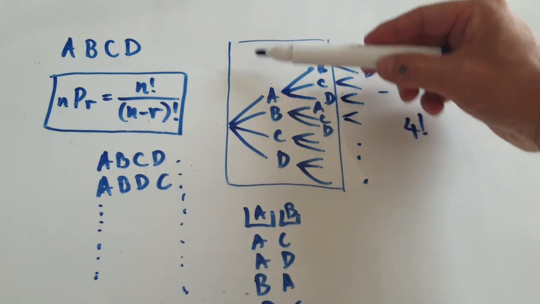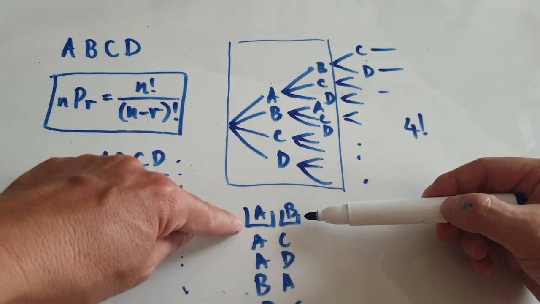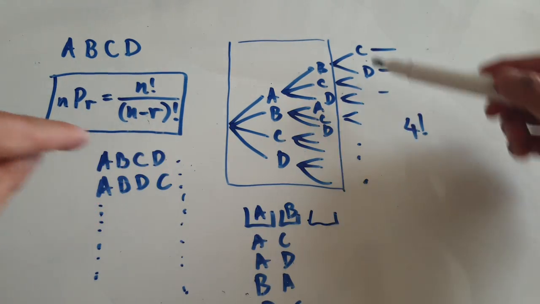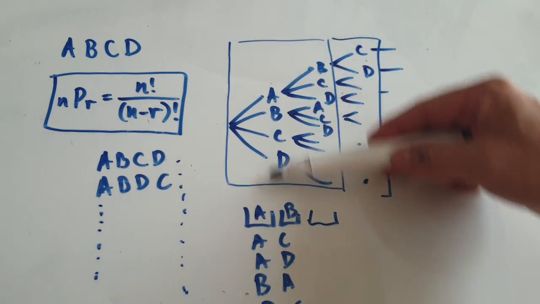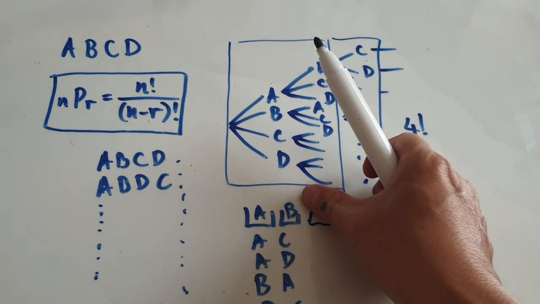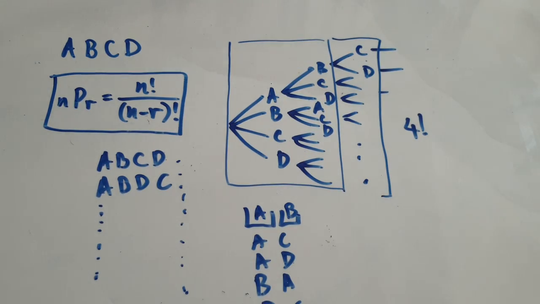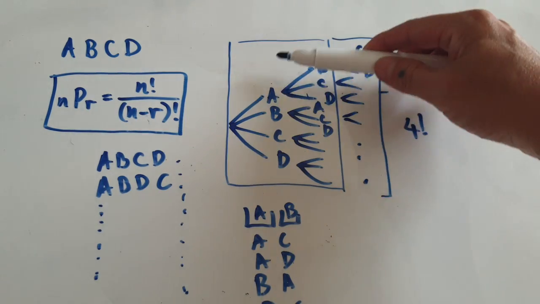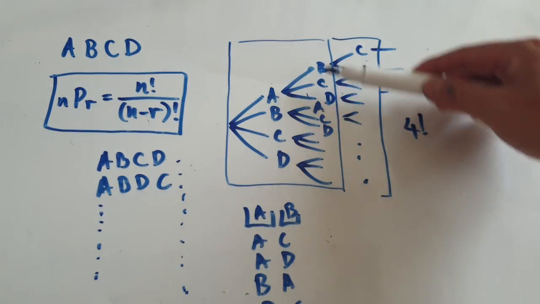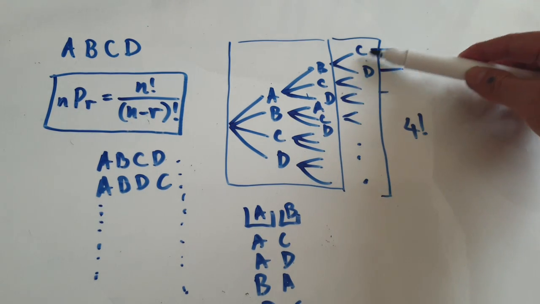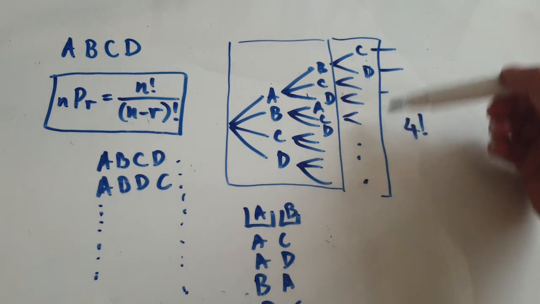Just by looking at 2 columns, it represents 2 slots. So if you have 3 slots, it represents 3 layers, 1, 2, 3, and so on. Let's go back to 2 slots. With 2 slots, you would look at 2 columns here, so you discard the other 2.